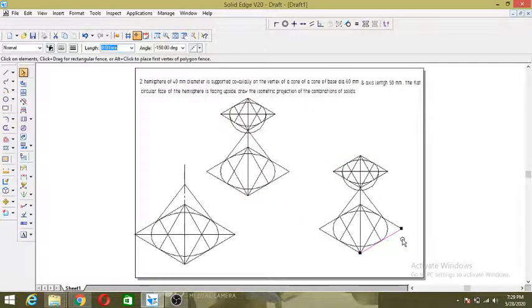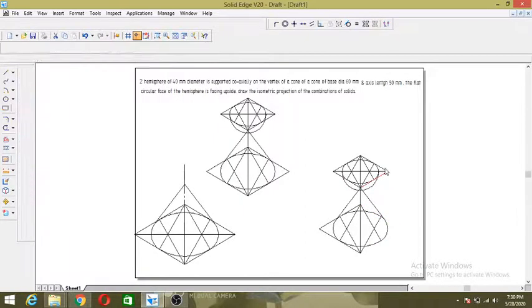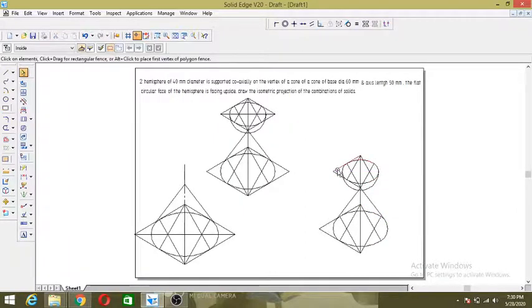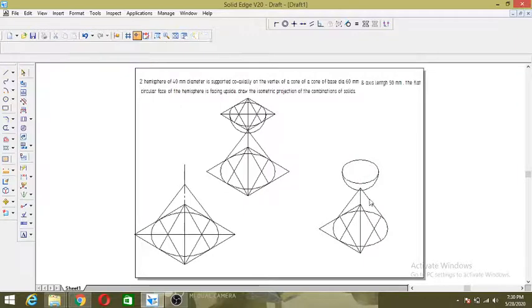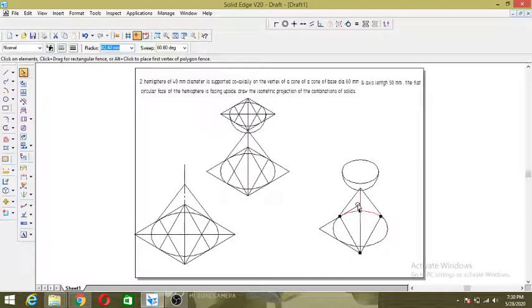See, these are the construction lines. This we also don't want.